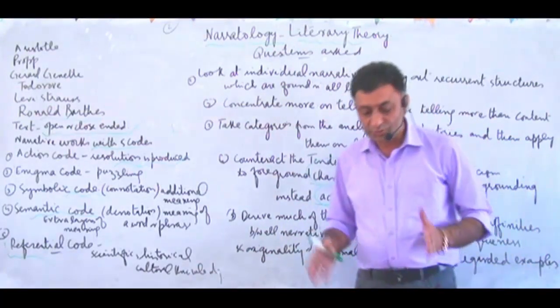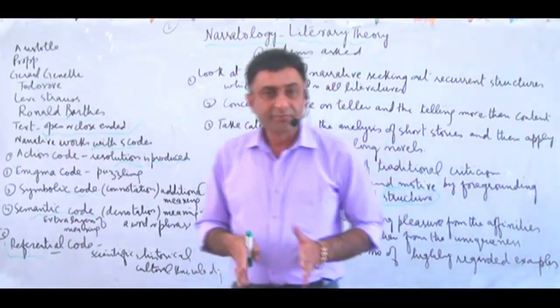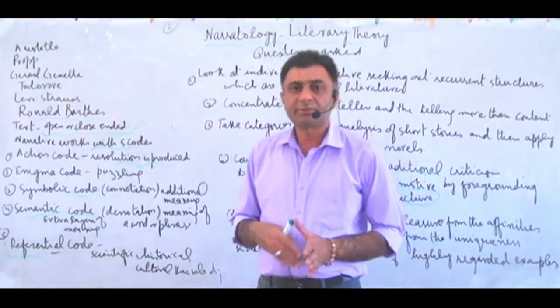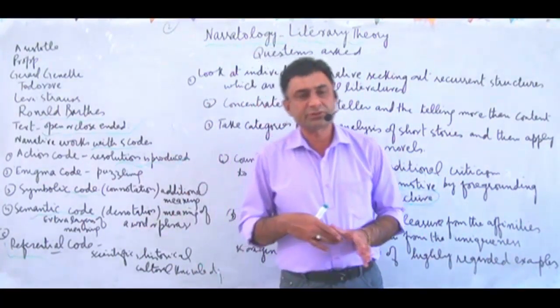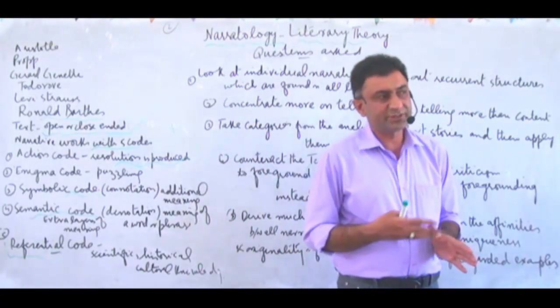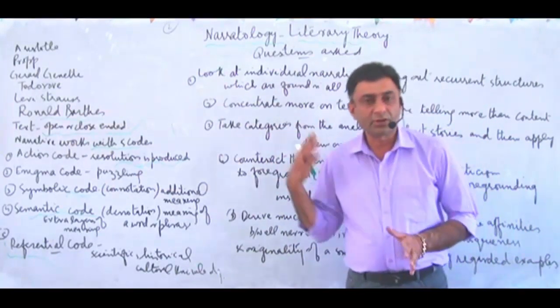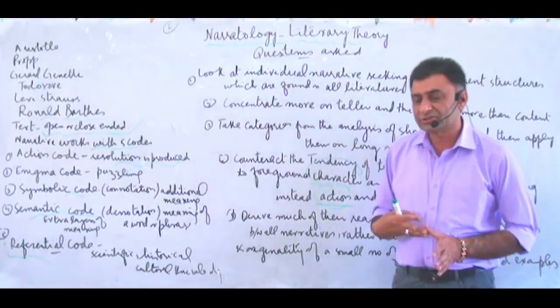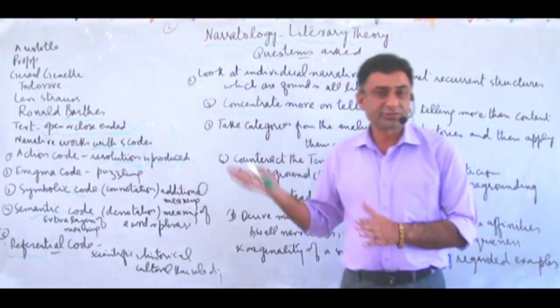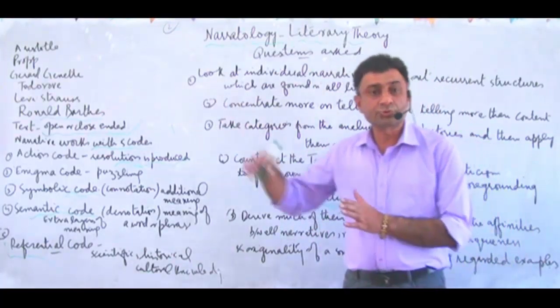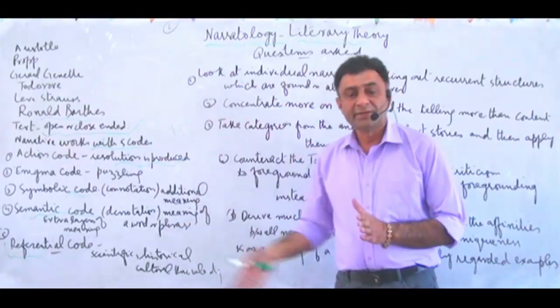And then referential code means that if we are living in this era, we will have to keep in mind the past history, all the inventions of the past, the religious things and religious literature of the past, all the literature that belongs to our ancestors, anything scientific, and how the people used to think, behave, and act.